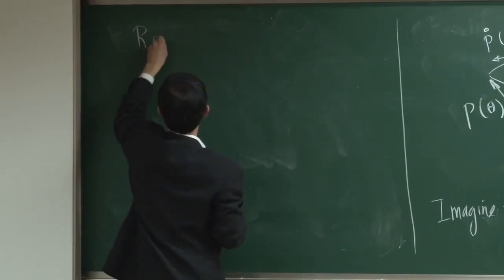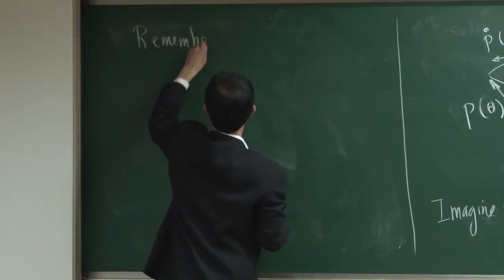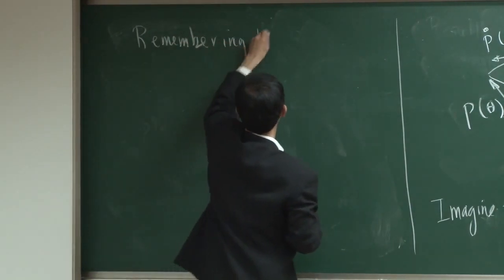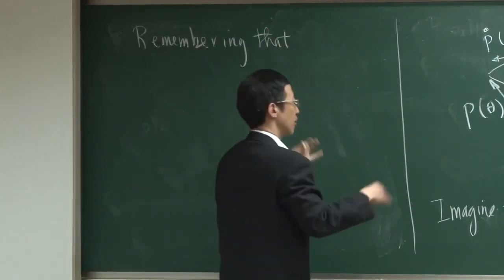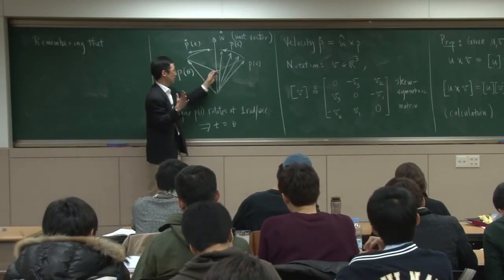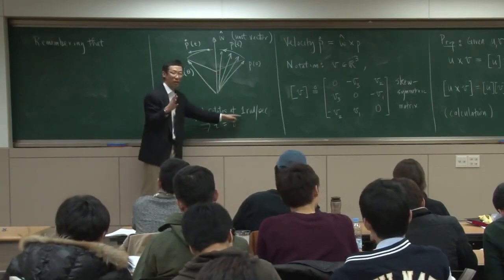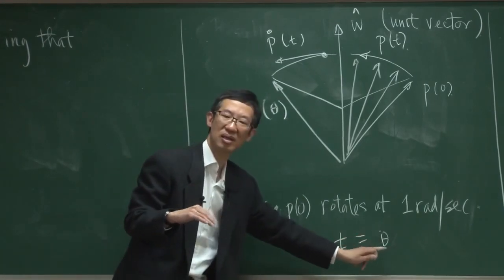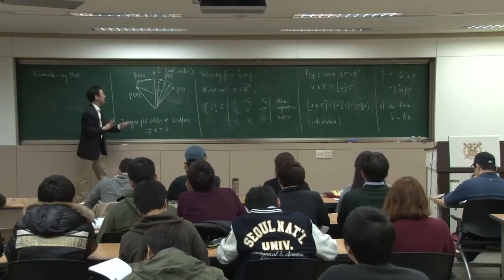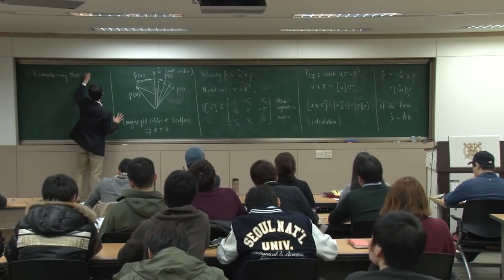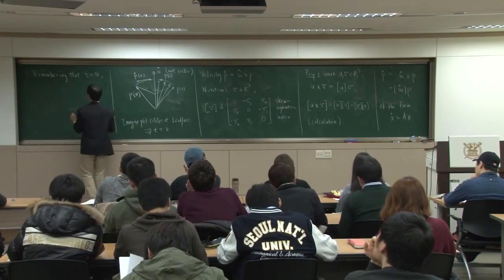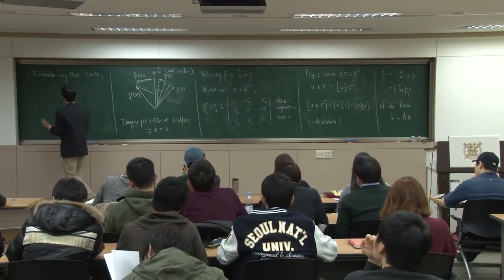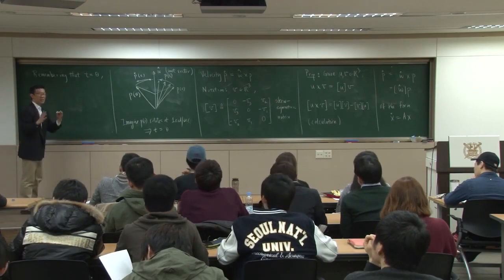So remembering that we assume that the rotation occurs at 1 radian per second, which implies that t and theta are the same, we're going to write the solution.